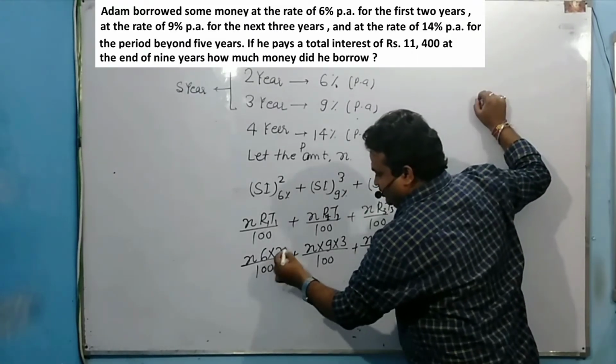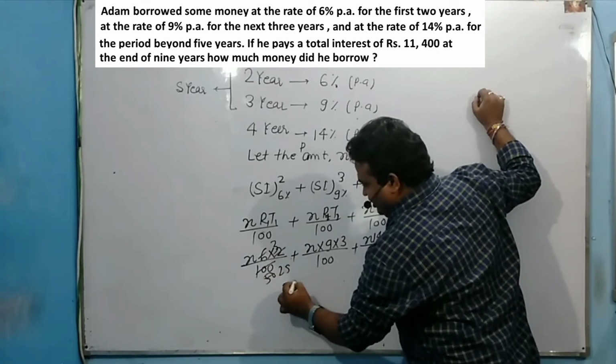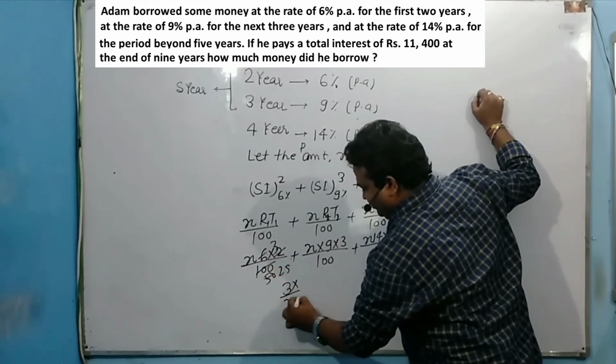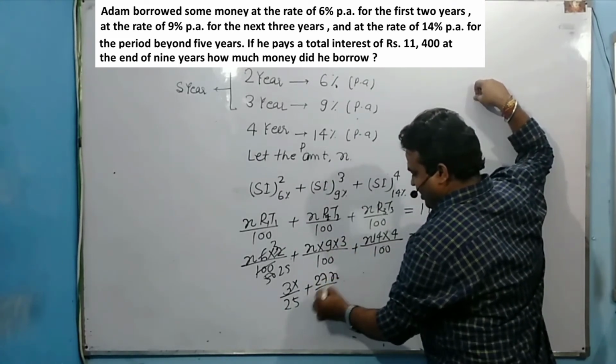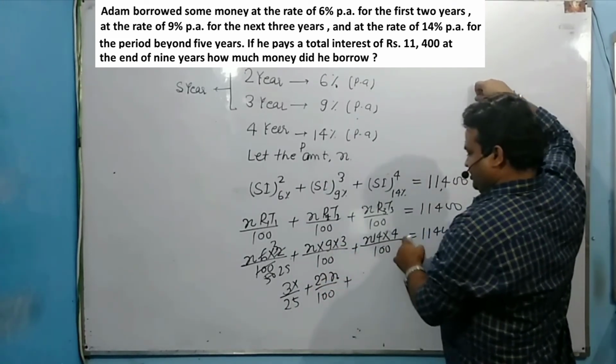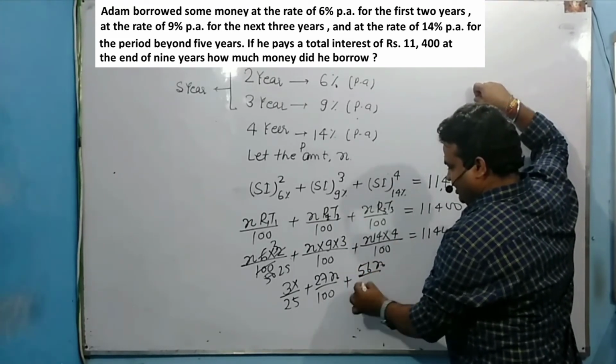Now solve this. So this is 3x by 25 plus this is 27x by 100 plus this one is 56x by 100.